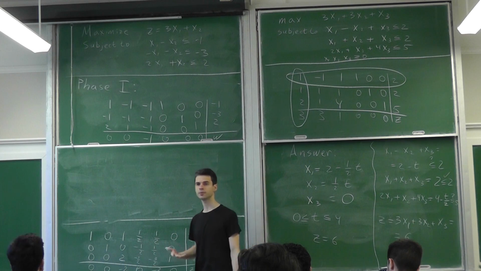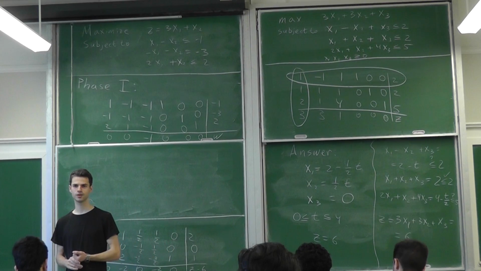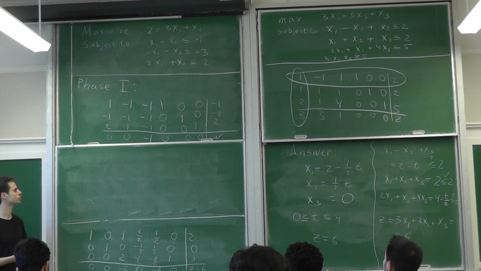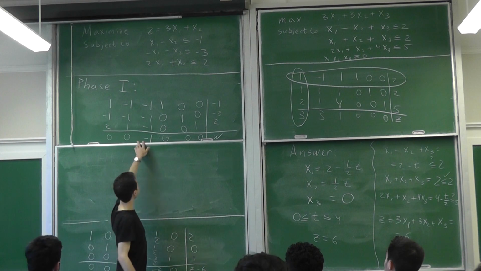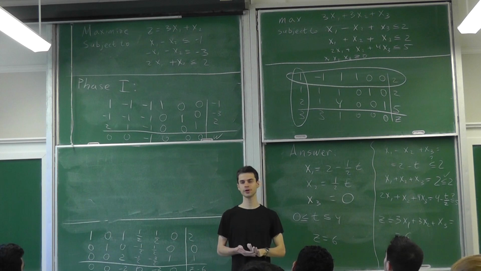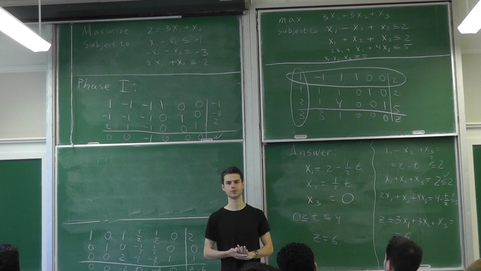Next, I'll try to do some iteration of the simplex algorithm. So let me try to apply a wrong logic to this. I see that all the coefficients in the last row are negative, therefore I have the optimum right now. Is it true?